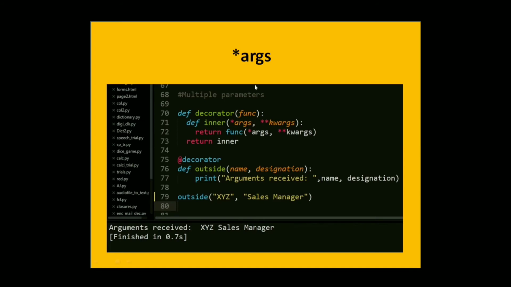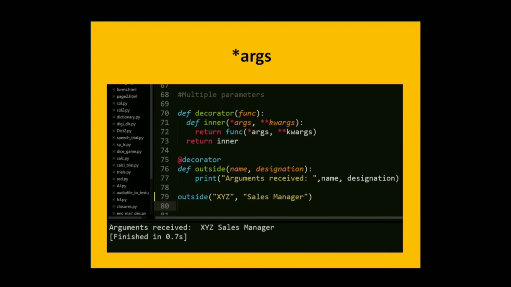See, *args, I had taken this example in my decorators lecture. So if you want a detailed explanation, just have a quick visit to that too. What happens is I'm basically passing the names and the designation to the decorator or inner function, and it returns me the name and the designation. To have a clear understanding of decorators, if you need it, just have a quick view at the decorators session.